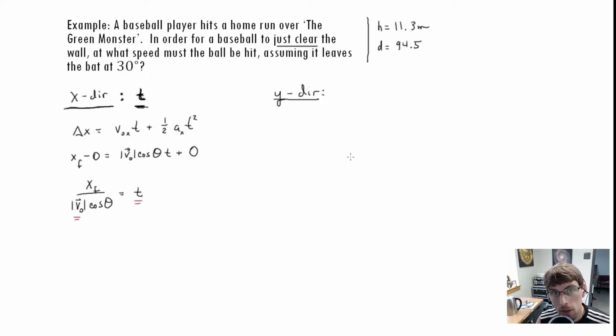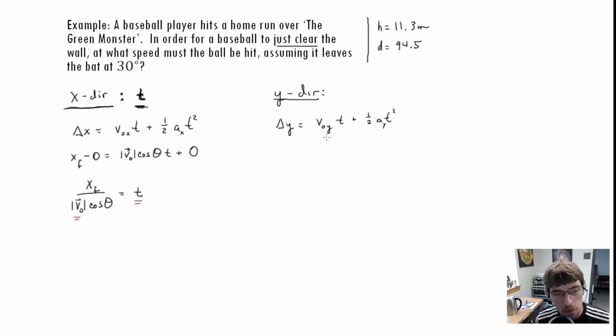I'm going to choose the equation that does not have the final speed in it, namely, delta y is equal to v naught y t plus 1/2 a t squared, and this is in the y direction. I chose this equation because it doesn't have y final in it, and I prefer y naught because I have at least that launch angle, so that helps me out a little bit.